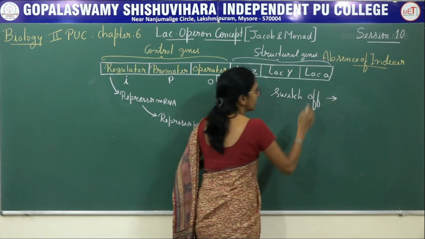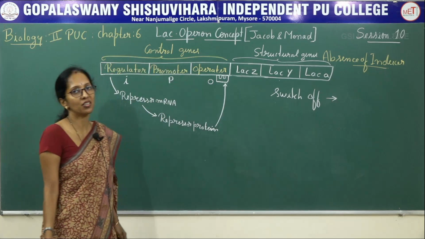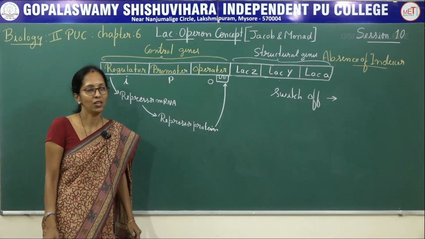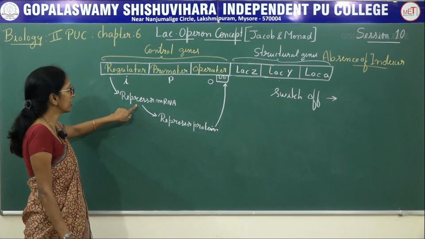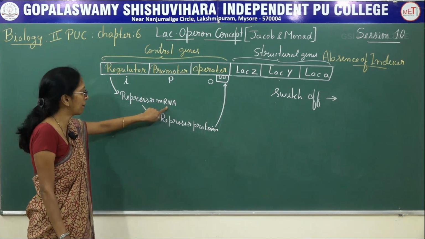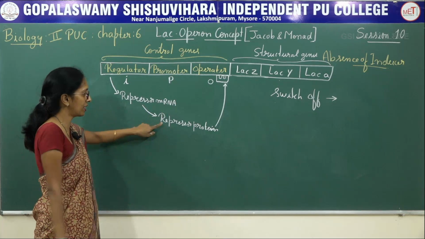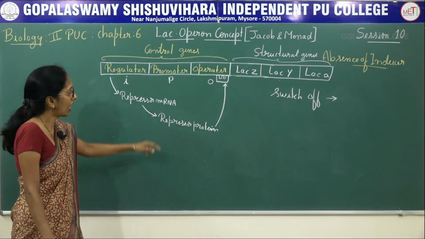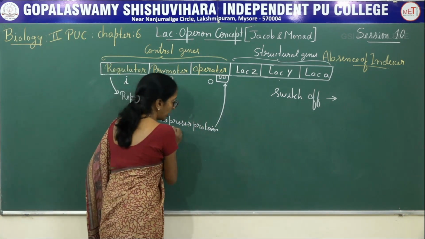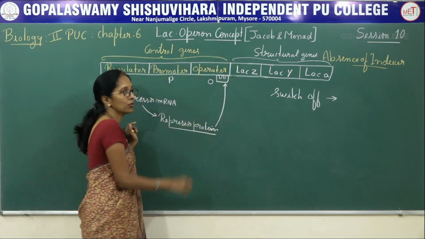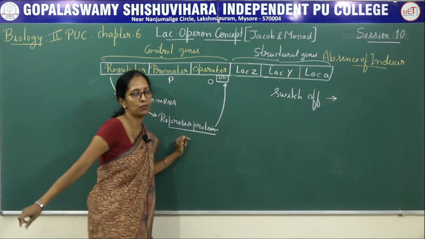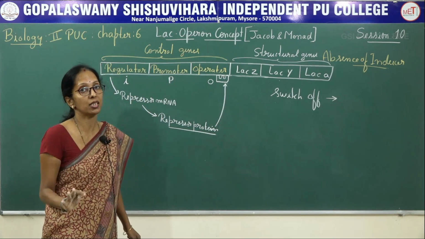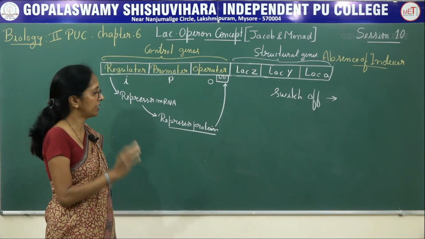So that means there is no synthesis of mRNA. So what happens? The regulator continuously synthesizes repressor mRNA, which in turn synthesizes repressor protein. As a result, this protein immediately binds to the operator so that the switch is turned off. So that means there is no synthesis of mRNA.